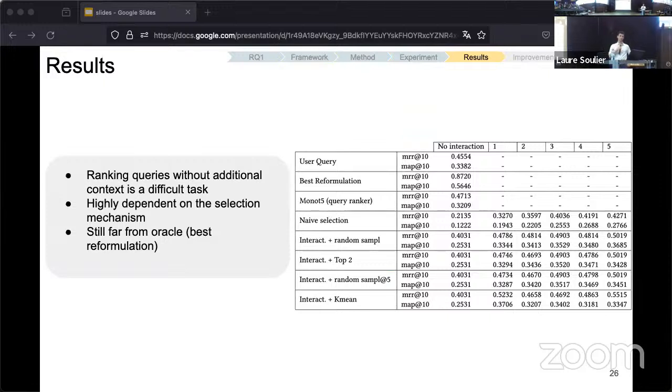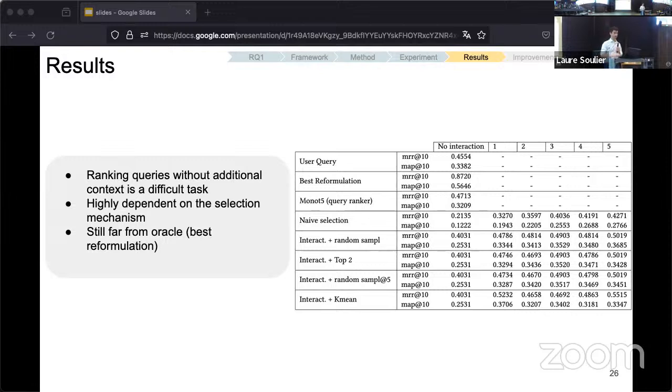For the results, ranking queries by performance prediction is really a difficult task if we only consider the original user query, because there's a lack of context. Our model is very dependent on the selection mechanism.